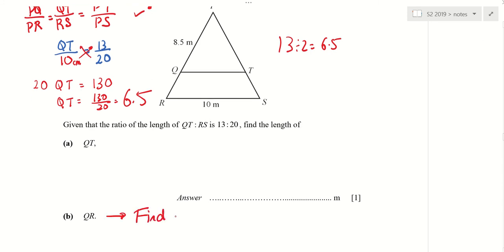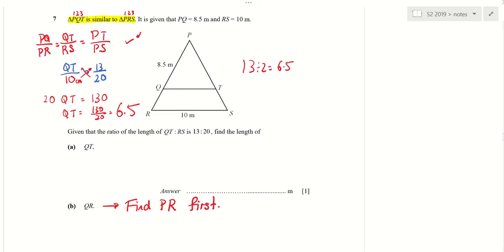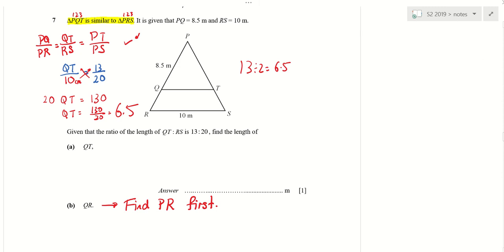So can you try and find PR first? How do you find PR? 6.5 divided by 8.5 divided by 13. So Junqi mentioned some number divided by some number times some number.